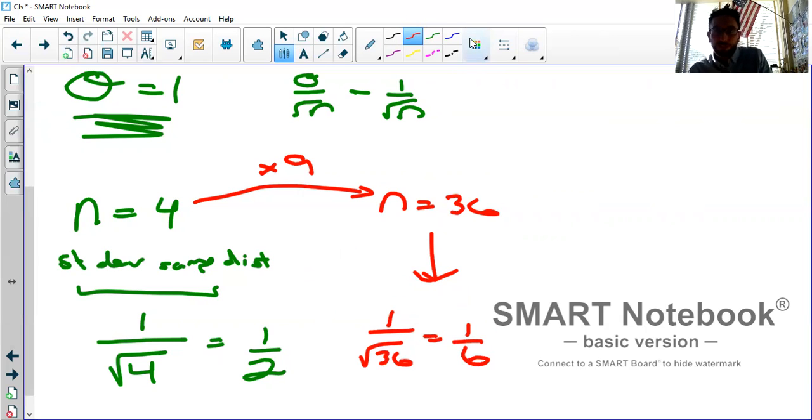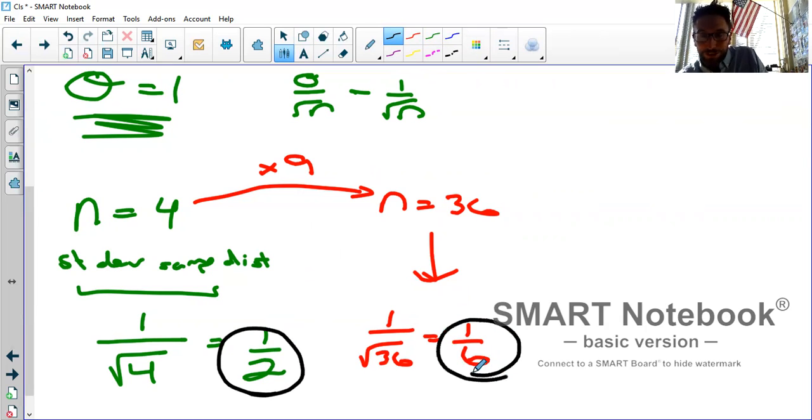And so the question is, what is the relationship between this and this standard deviation? We got to know some stuff about fractions here. Hopefully we all know 1/6 is smaller than 1/2, but specifically, how much smaller?